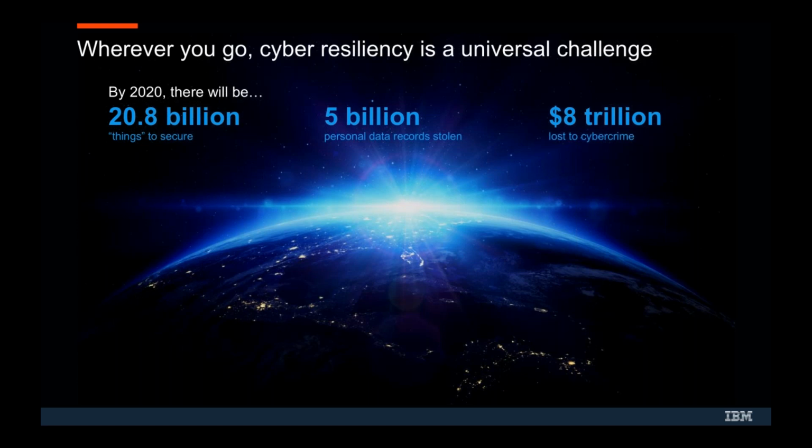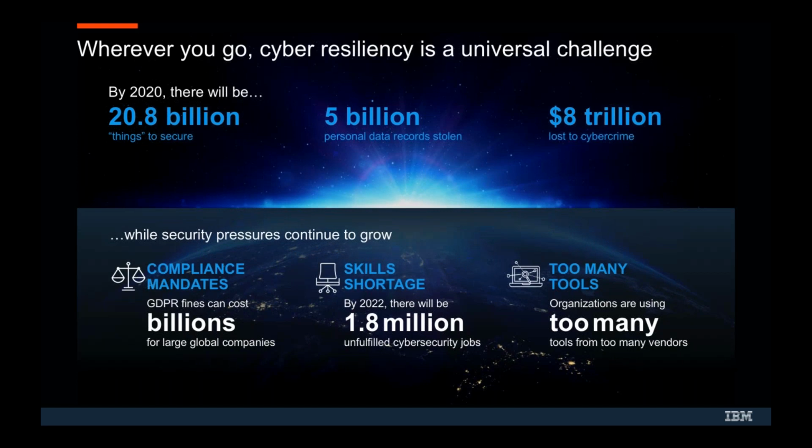By 2020, there will be 5 billion personal data records that have been stolen, and over 8 trillion lost to cybercrime. The research numbers and the spread of impacts to businesses that we're seeing in the news, it's just exploding. And all the while, the security pressures on our organizations are continuing to grow.